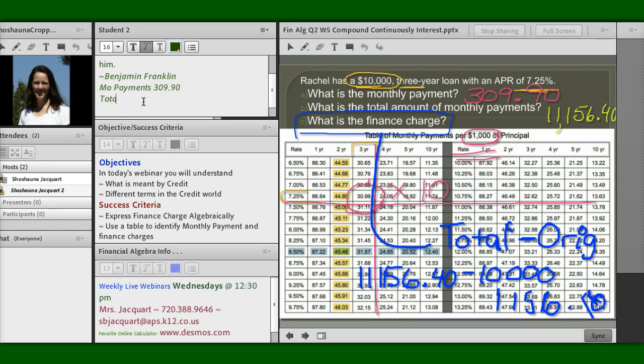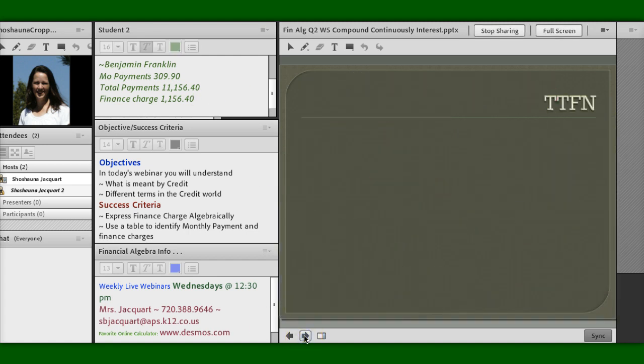Total payments is 11,156.40, and then finance charge equals 1,156.40. Okay, so over here are my answers to what I was trying to write over here. It just wasn't working. All right, guys, so I told you it'd be short, sweet, and to the point.